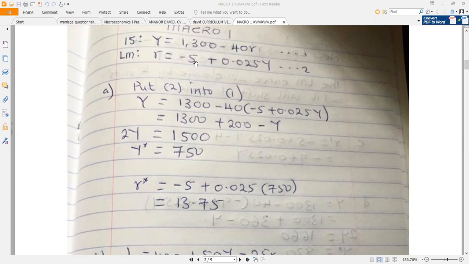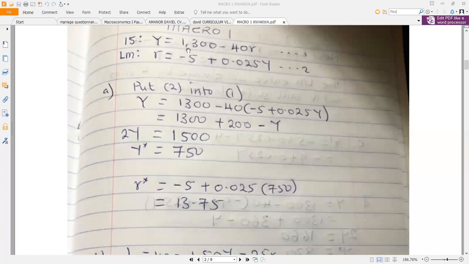Then you'll be asked to show which one is steeper. Remember the last time we met, I told you that the bigger the slope, the steeper the curve. So you just need to find the slopes and then you compare the two. The one with the bigger value is the steeper curve.